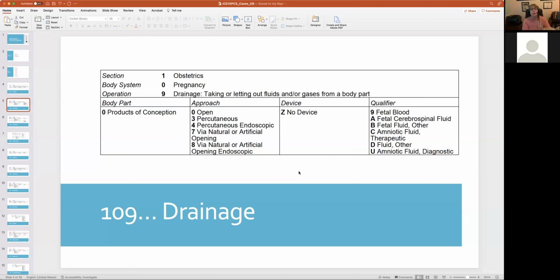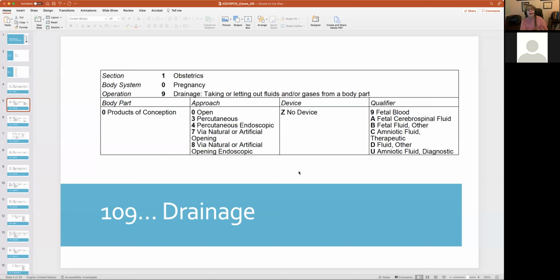Okay. However, you need to be aware, if you're not already, that there are also times when they will remove amniotic fluid because there is too much fluid in the womb.